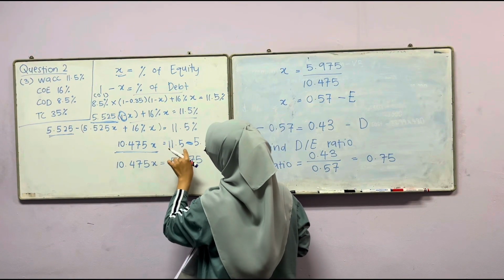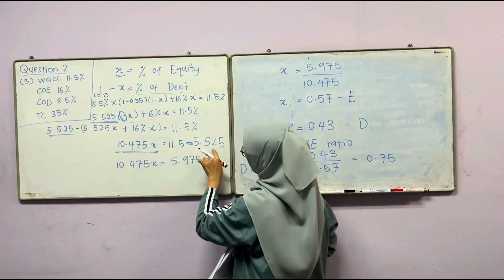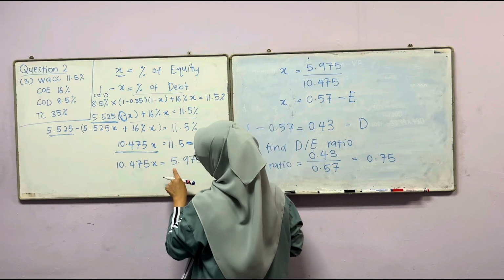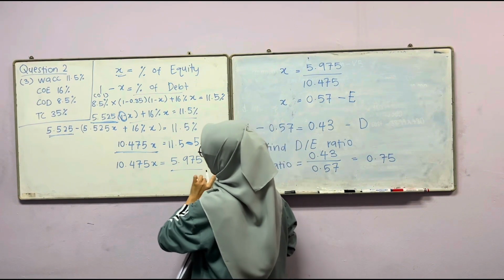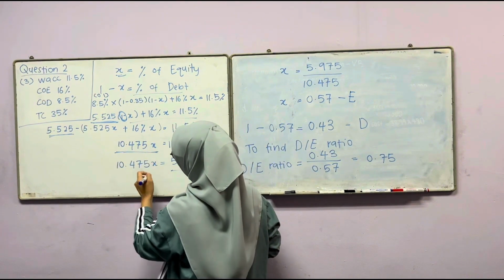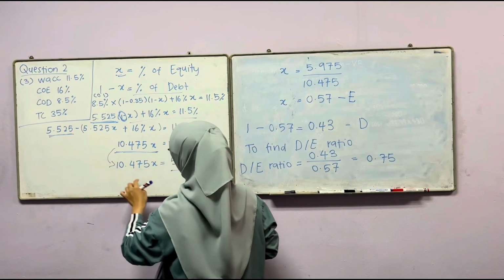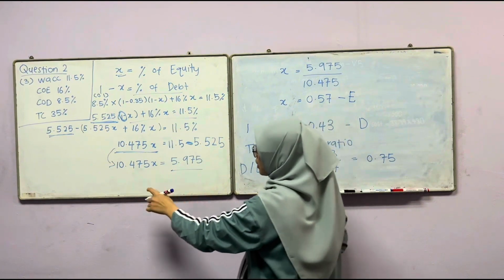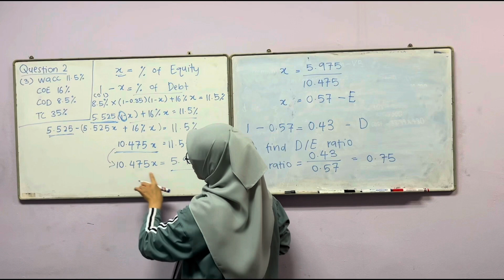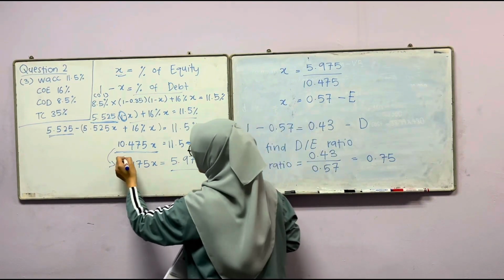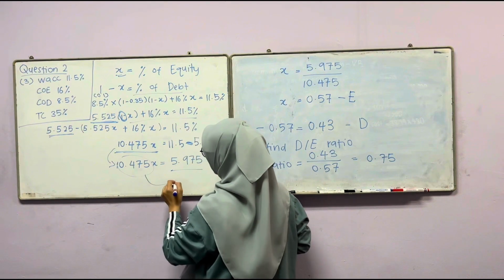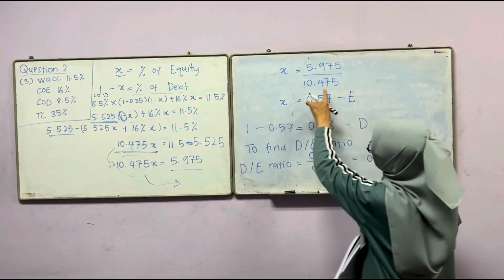So 11.5 minus 5.525 gives 5.975. Since X is multiplied by 10.475, when we bring it to the other side it will divide.